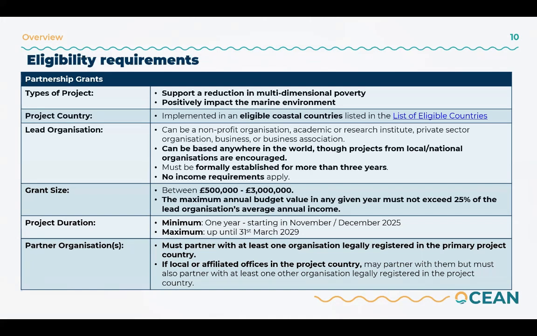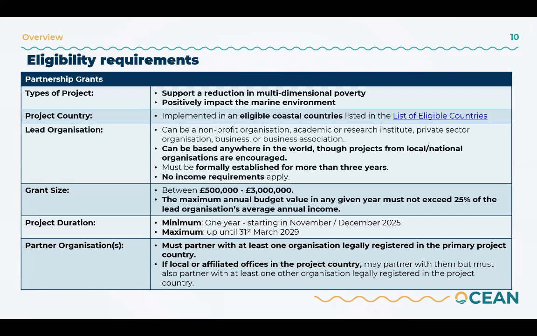Lead organizations can be non-profit organizations, academic or research institutes, private sector organizations, or business associations. The lead organizations for the partnership grants can be based anywhere in the world, though projects from local national organizations are encouraged. It must be formally established for at least 3 years and no income requirements are applied.